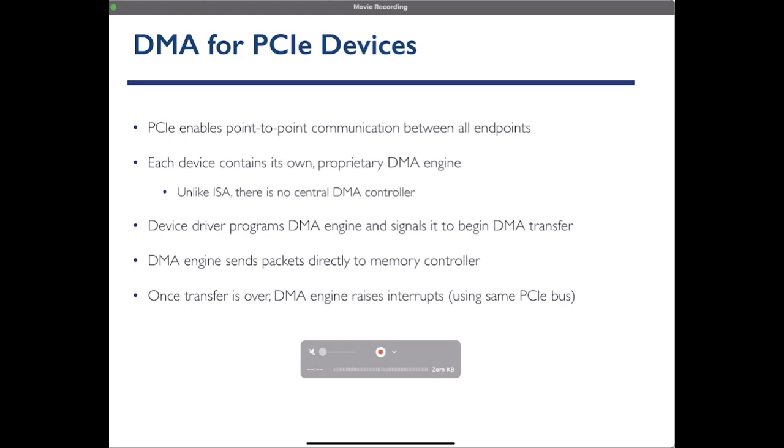Now, as we discussed in PCIe, each device can have a point-to-point, peer-to-peer communication to any other device, including memory. Now, the DMA engine does whatever the common DMA engine could do. So a proprietary, local DMA engine in a PCIe device can get commands from the driver and then start communicating and sending packets to or from memory.